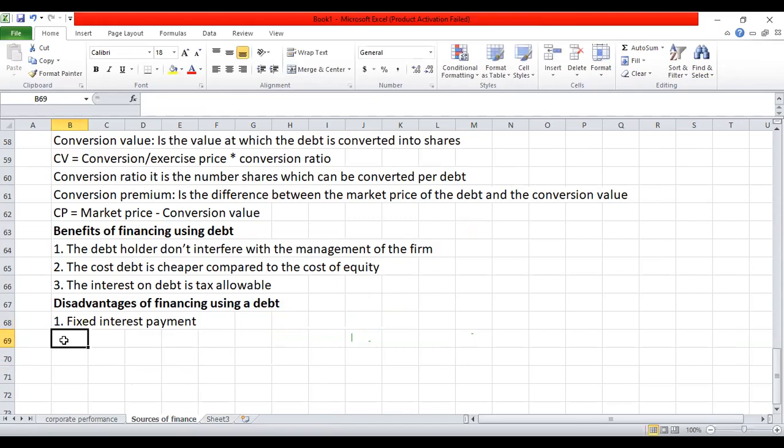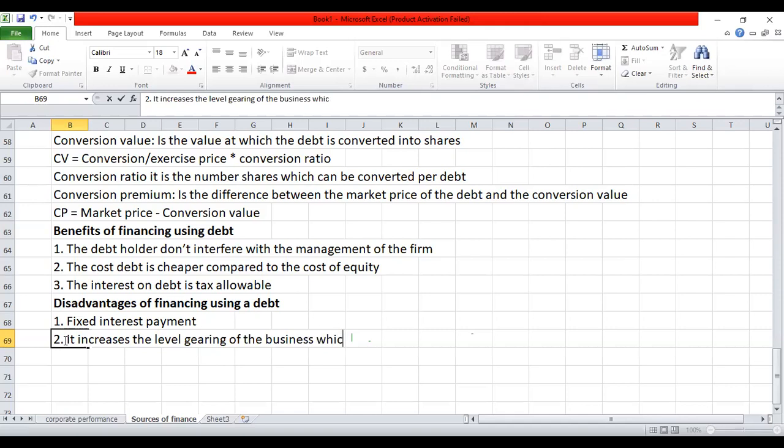Another one we can talk about is that it increases the gearing level of the business, which increases the financial risks.